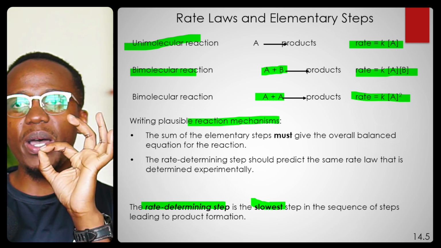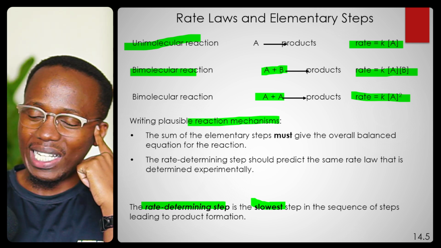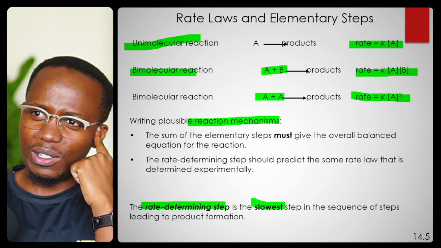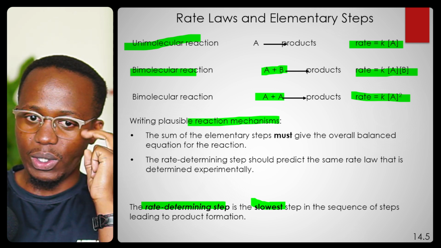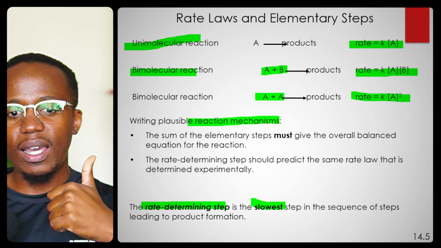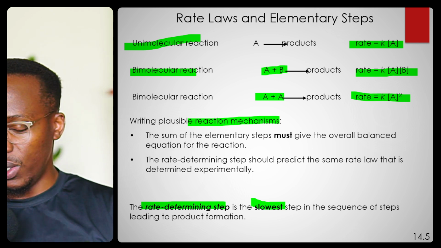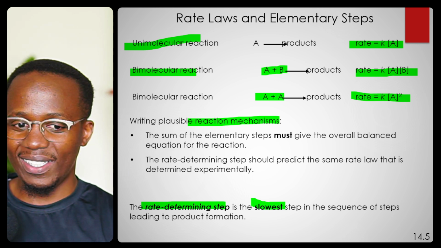How fast the marriage is going to happen will depend on how fast the bride gets there. Does that make sense? So if you have two reactions happening, the rate determining step is the slowest one. So we do calculations using the slowest, right?